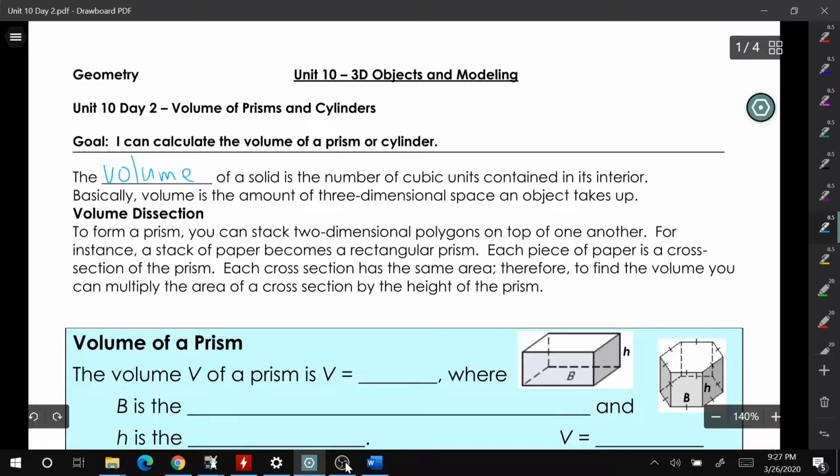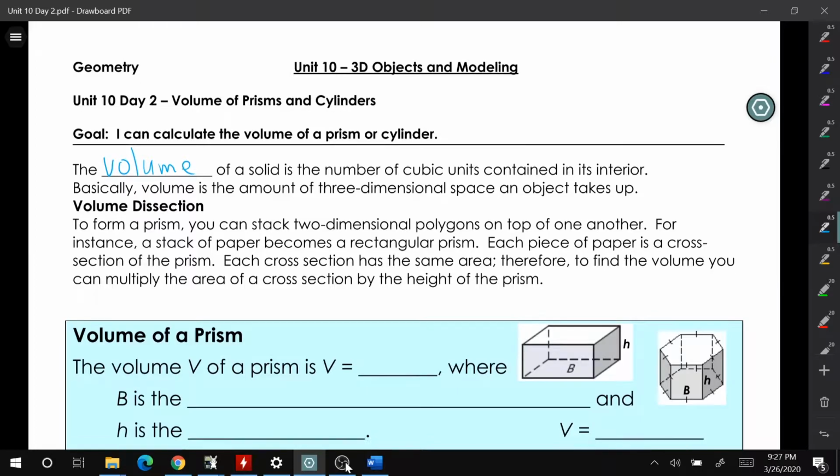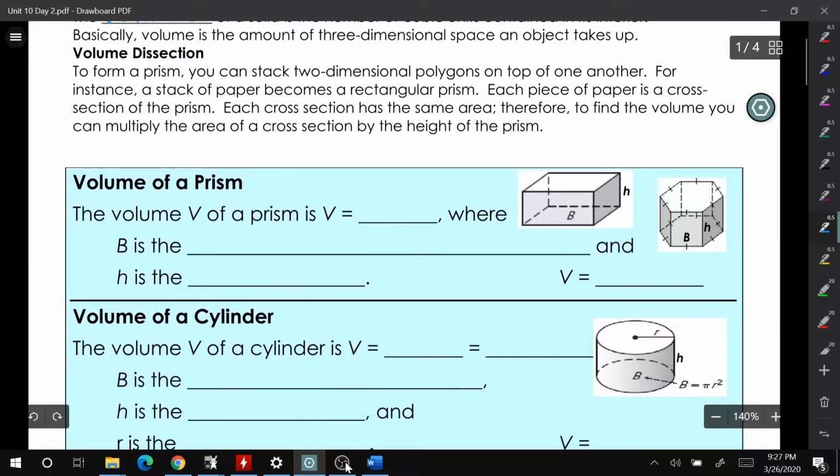of a solid is basically how much space that this shape takes up. So if you think about your tissue box, how much space does that take up, or your textbook, or a ream of paper. Talking about a ream of paper, you have a bunch of sheets of paper that when you stack on top of each other, you get your stack of it.